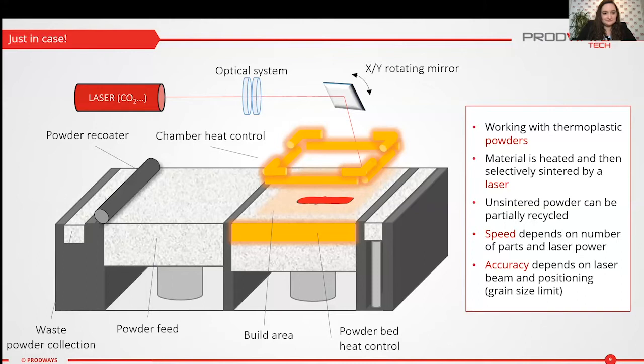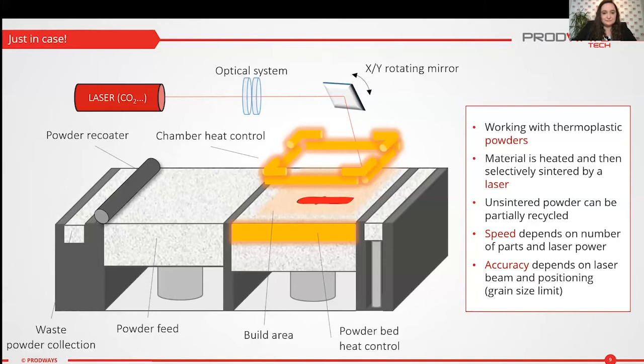We're working with a laser to sinter. The result of the laser is that the laser size, the position of the laser will directly drive the accuracy of the part you can build, to the limit, of course, of the grain size that you can find in your powder. You can have coarse powders or finer powders, but that will be the limits.